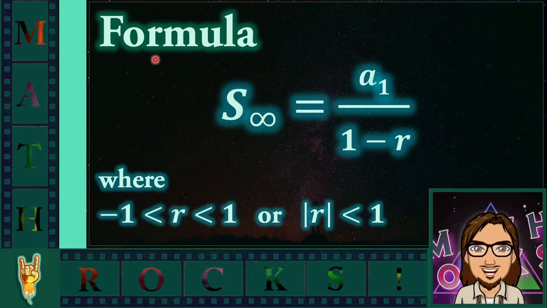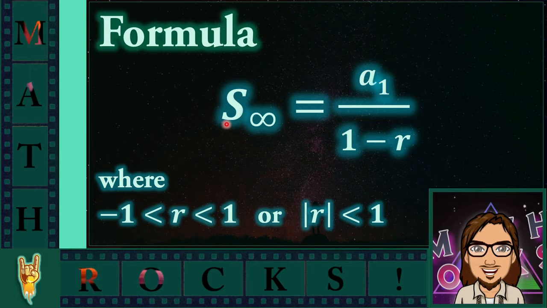And here is the formula for the infinite geometric series, which happens to be S, and we have here the symbol for infinity. So we are trying to get the sum of all the infinite terms in an infinite geometric sequence, which happens to be equal to a sub 1 all over 1 minus r, where the value of the common ratio r is greater than -1 but less than +1.